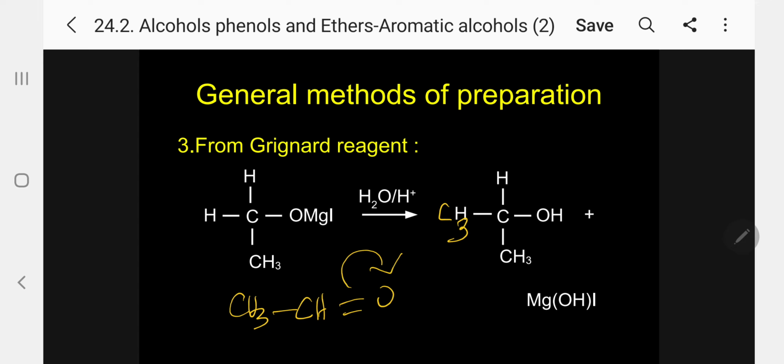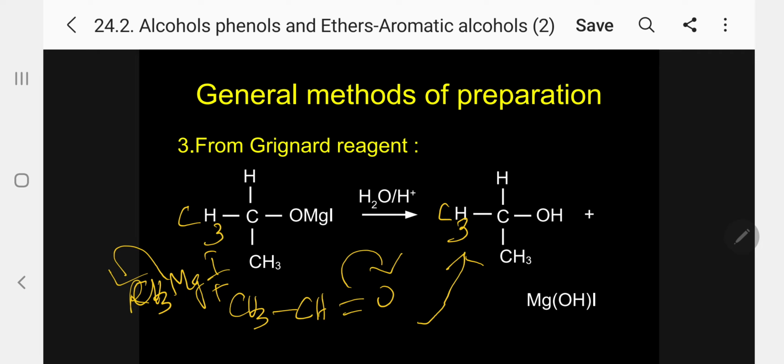If you add the Grignard reagent, methyl magnesium iodide, we get this product. The intermediate will have CH3 added here. So this is the secondary alcohol, that is isopropyl alcohol.